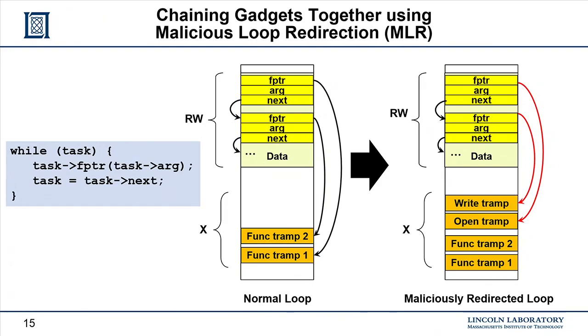And then the next pointer of the last entry would point to the first task, so that now we have created a loop that calls these AOCR gadgets one by one without actually breaking the semantics of the program. So this would properly return to the same call site and loop back. So this way we can chain these AOCR gadgets together and implement arbitrary malicious functionality.